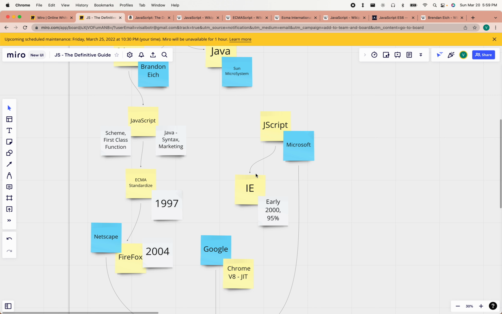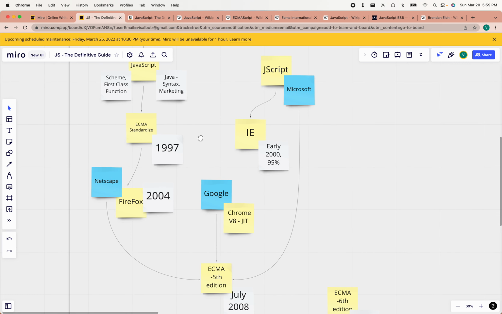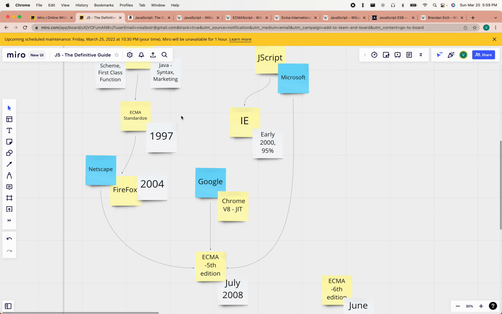So Microsoft had a lot of power and control to decide which programming language would be used in the browser. However, that changed a little bit when Netscape decided to reintroduce Firefox in 2004. So Firefox did get back some market share from Internet Explorer.